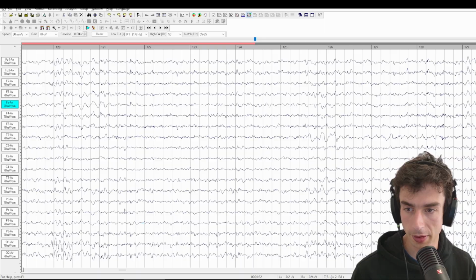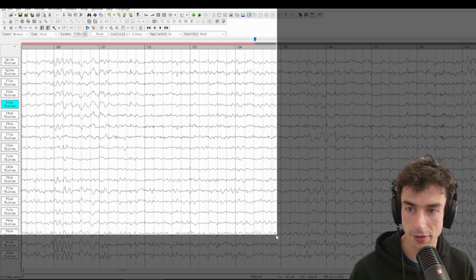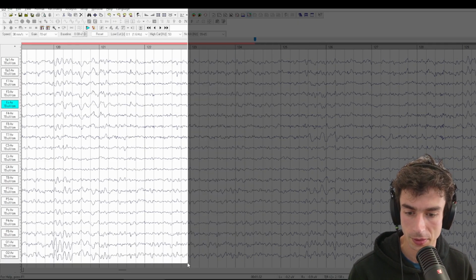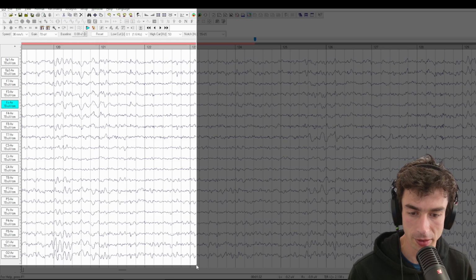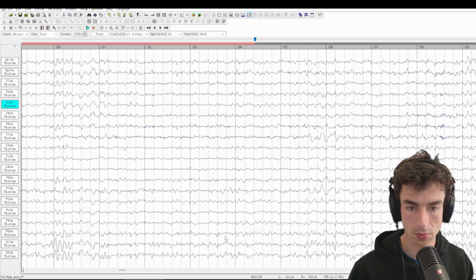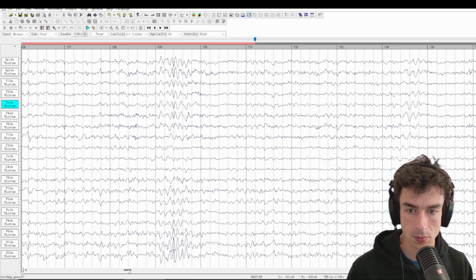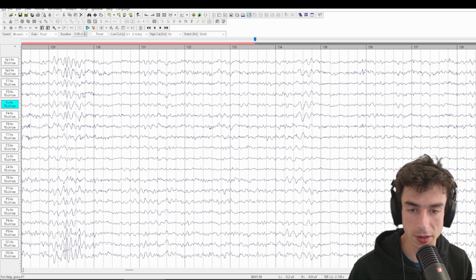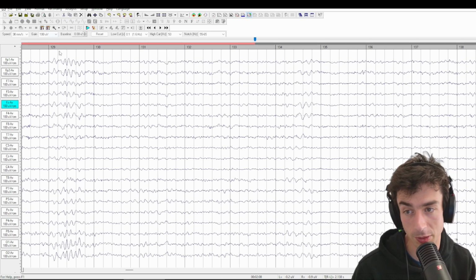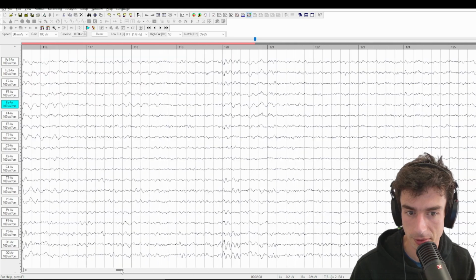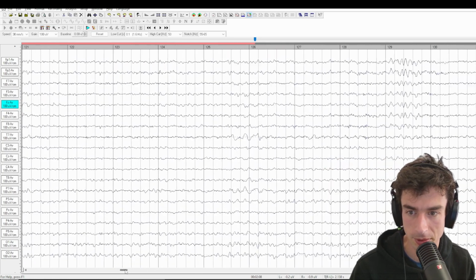Here's an example of an alpha squeak followed by a dropout of the background rhythm. Another alpha squeak here. This one almost would have been better to screenshot, but it's the same pattern.